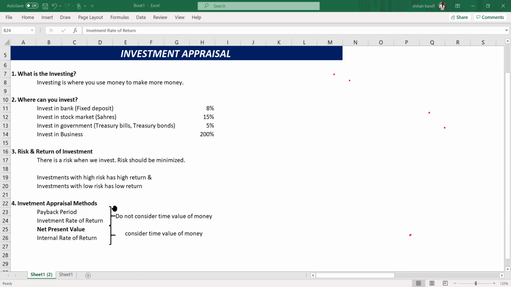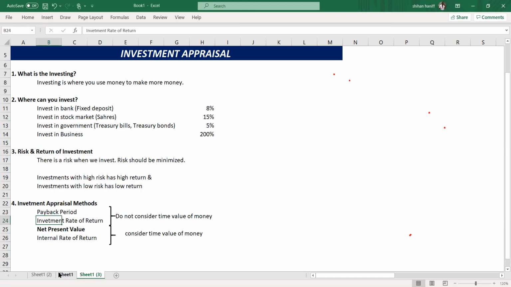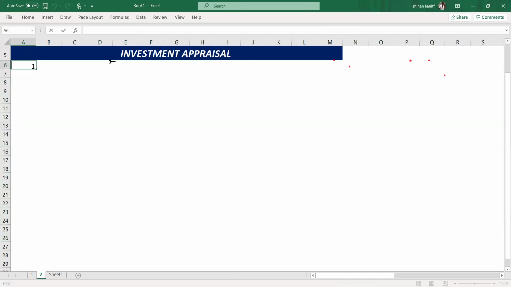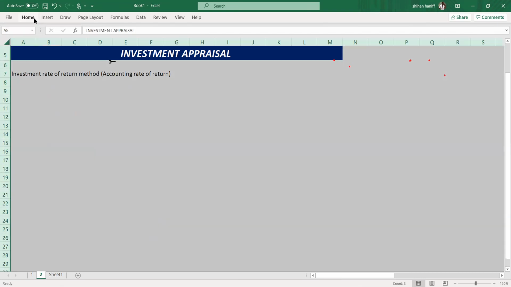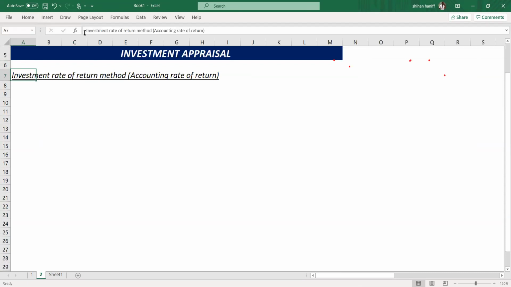Write the heading: number one, investment rate of return or accounting rate of return.